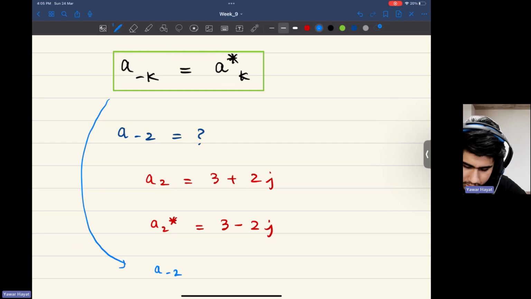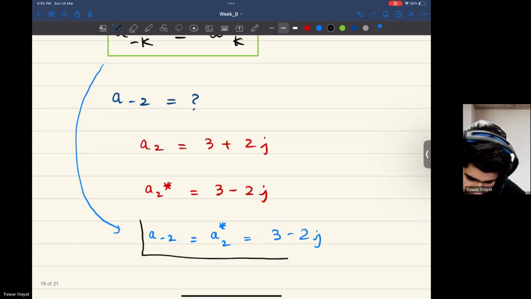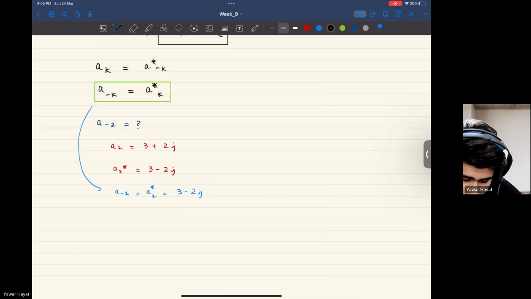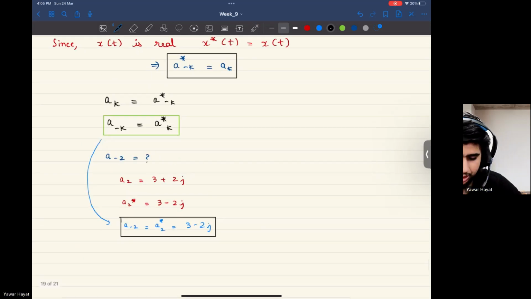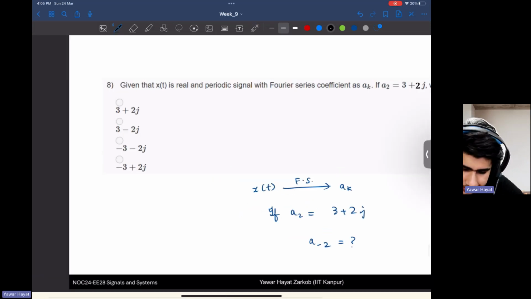So a minus 2 would be equal to this a2 star, and that is 3 minus 2j. So for such questions, we will proceed like this. So which option is correct? Option B is correct.